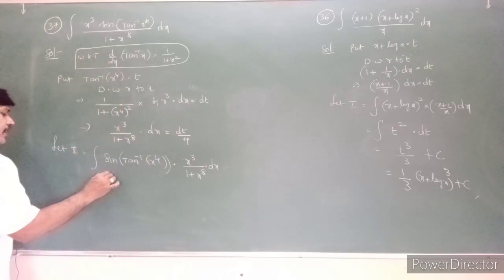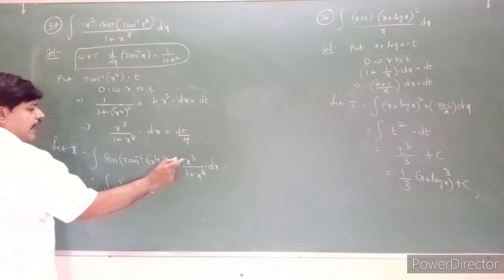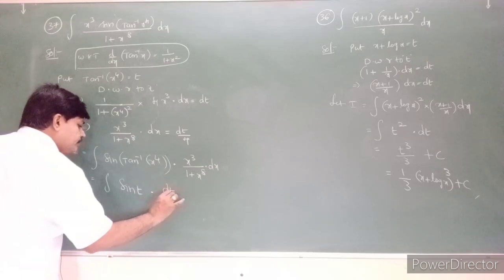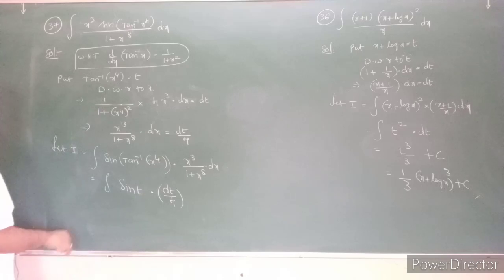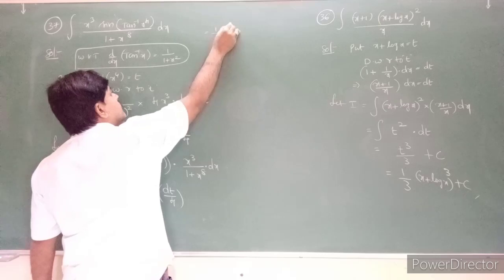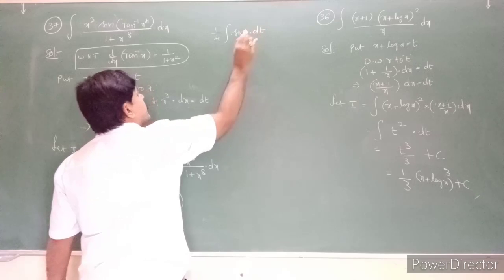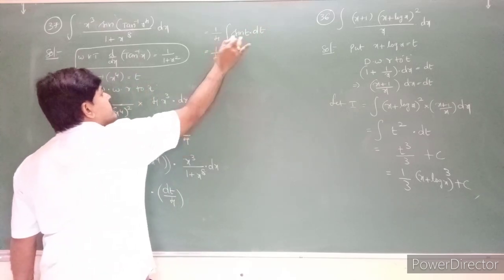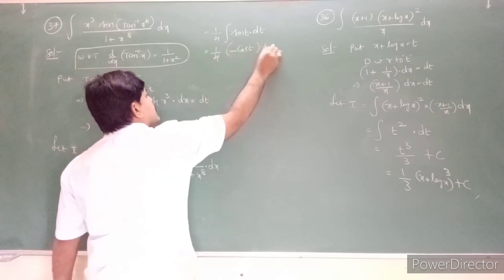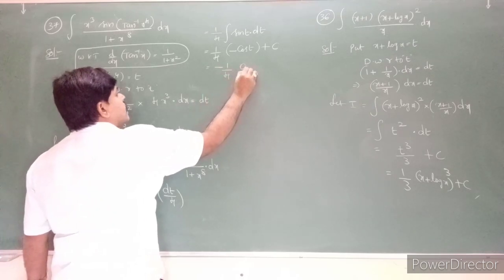Substituting, it becomes the integral of sin t into dt by 4. So that is equal to 1 by 4 into the integral of sin t dt. The integration of sin t is minus cos t plus c. So that is equal to minus 1 by 4 into cos of t.